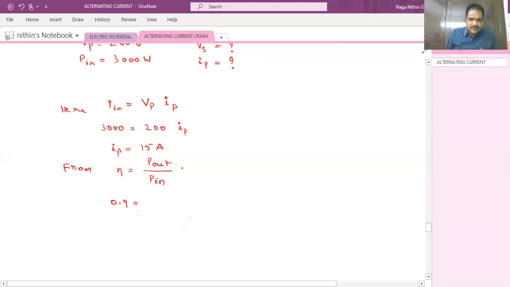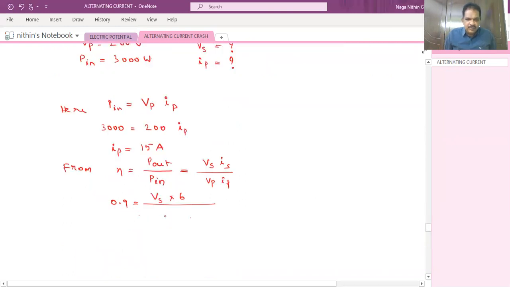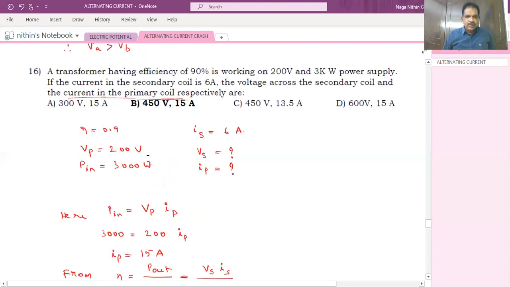This is equal to Vs Is by Vp Ip. Vs we don't know. Is they gave it as 6. Vp Ip. 200 into... If we calculate this finally, Vs value will be 450 volt. So answer for this will be this one.